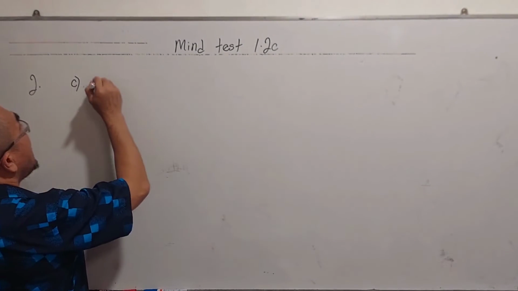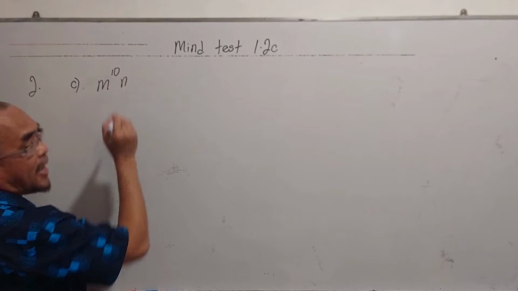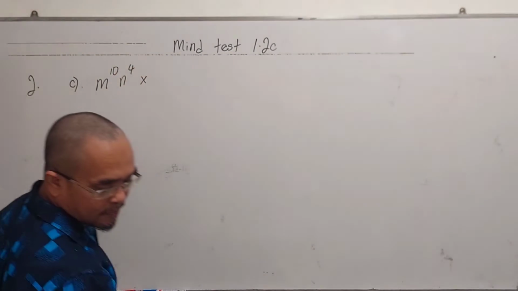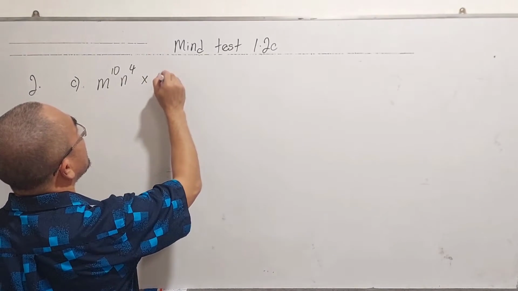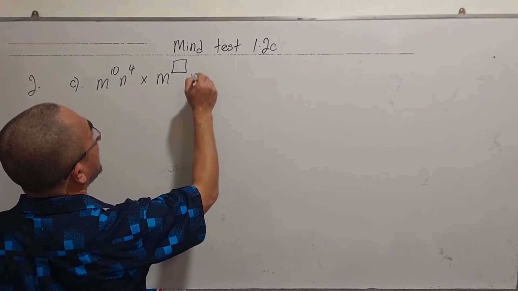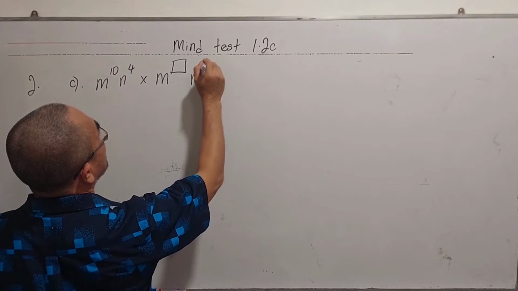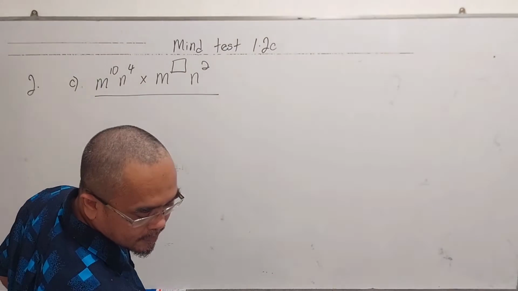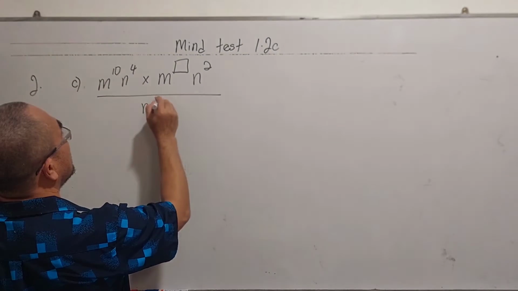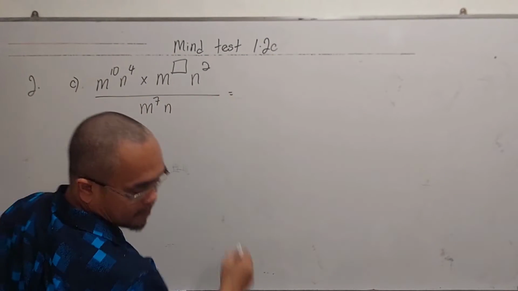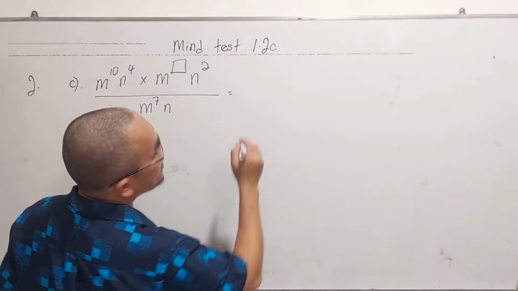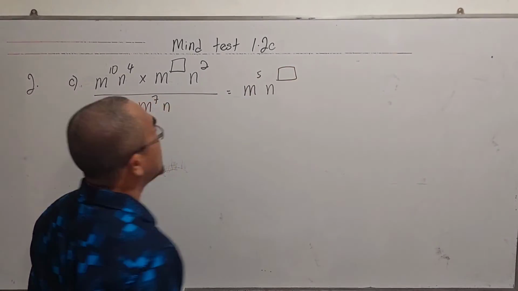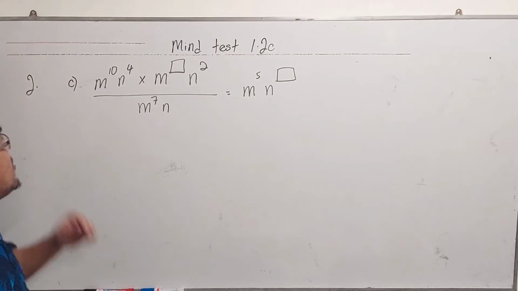Read up. M to the power of 10, n to the power of 4 times m to the power of box, n to the power of 2, divided by m to the power of 7, n equals m to the power of 5, n to the power of box. Okay, simplify on the left side.